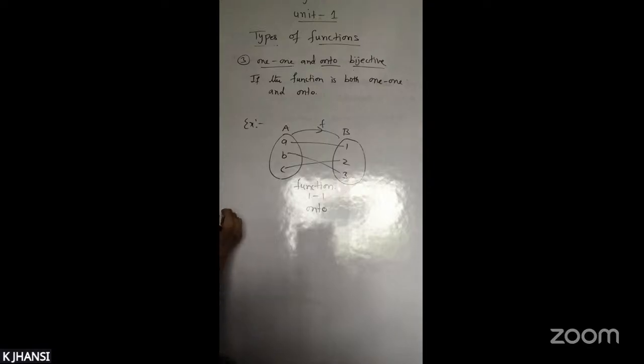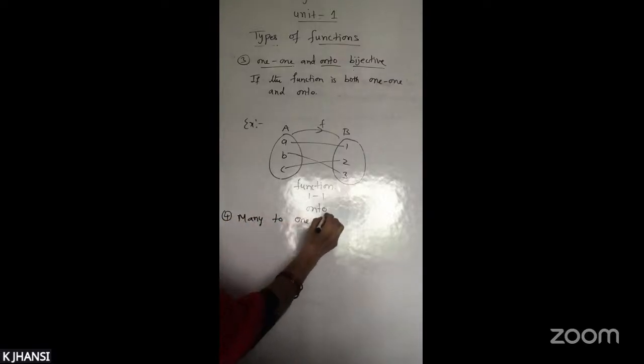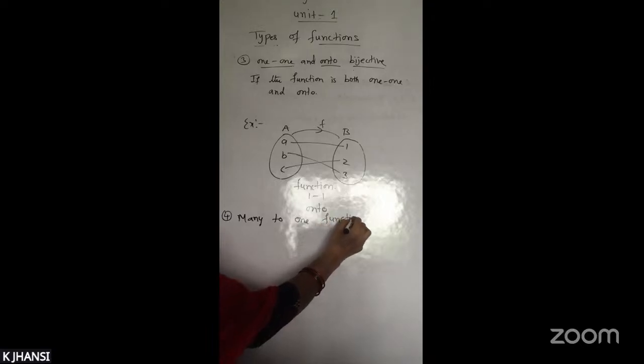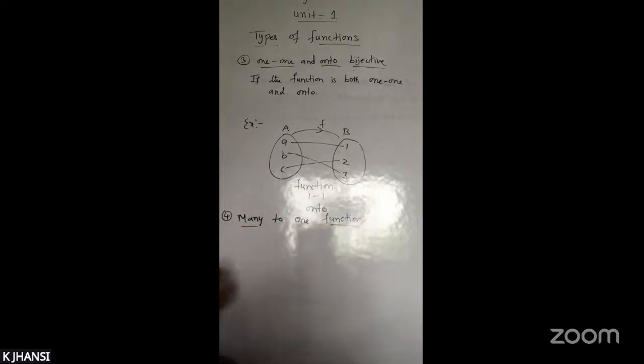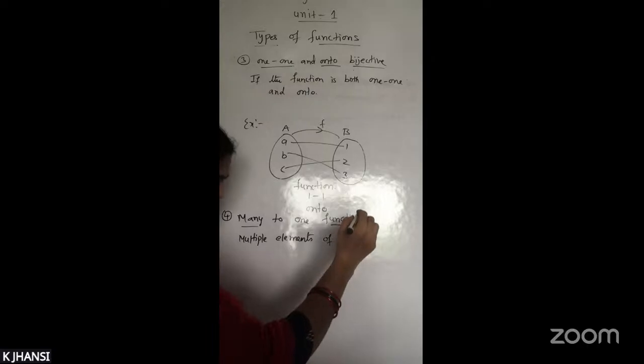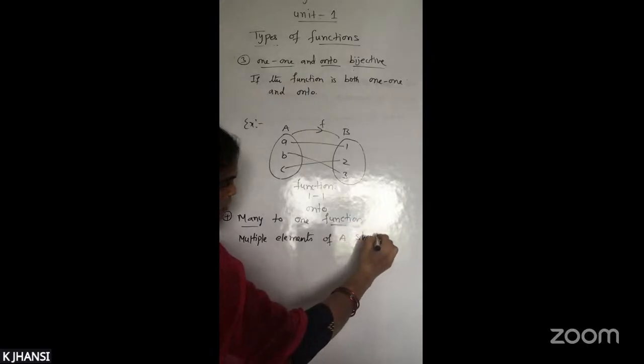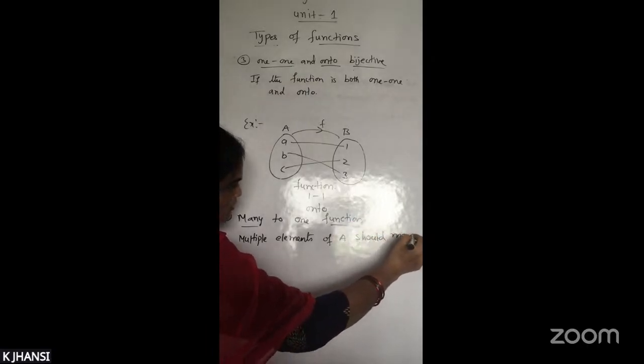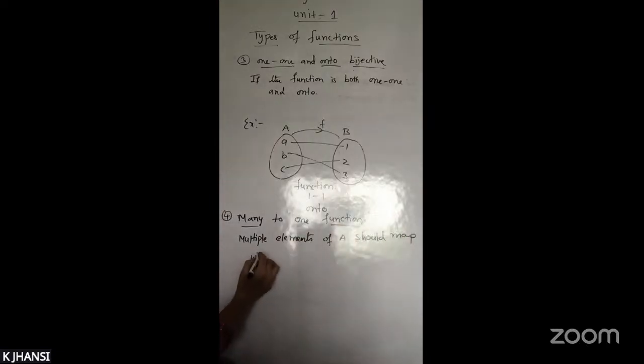Fourth one is many to one. So many to one function means multiple elements of A should map with one element of B.